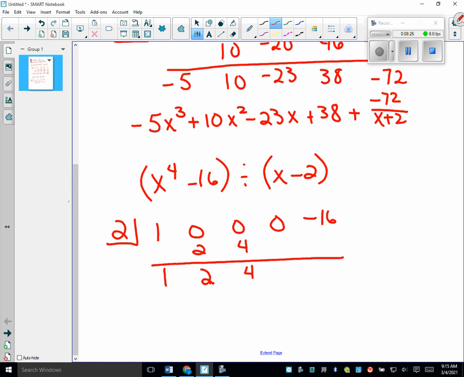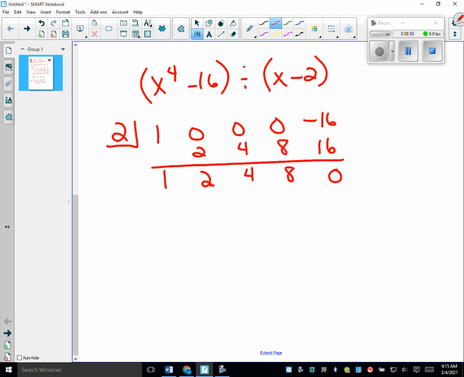Are you all with me? I don't want to be ahead of you. 2 times 4 is 8. And 16. So what is my answer? x to the third plus 2x squared plus 4x, with no remainder.